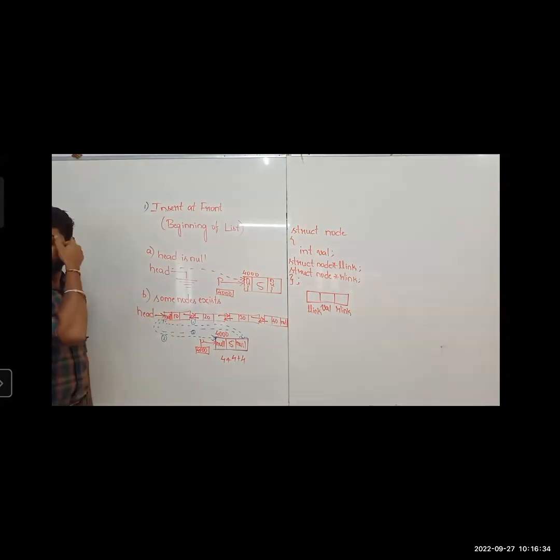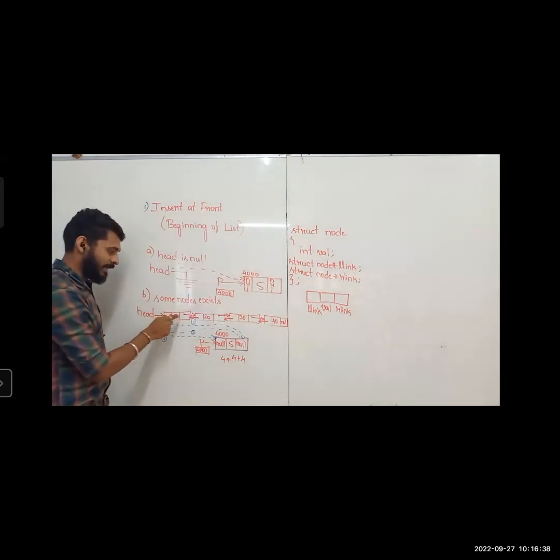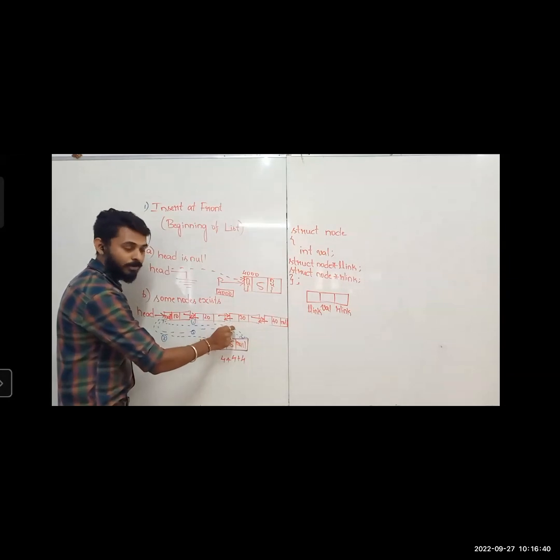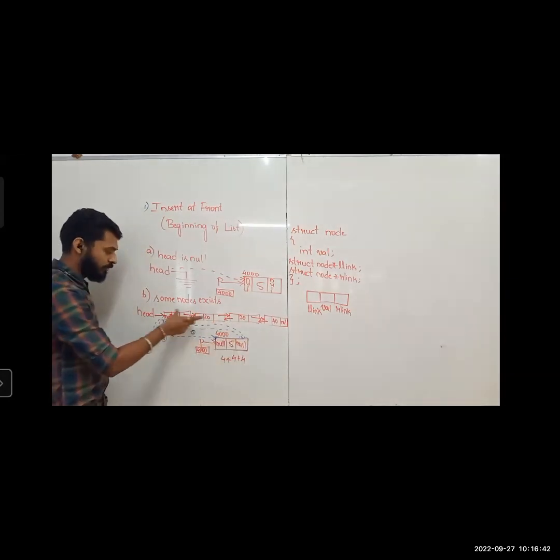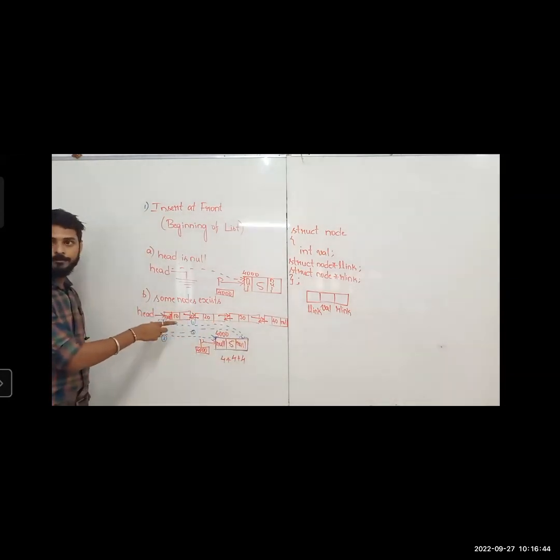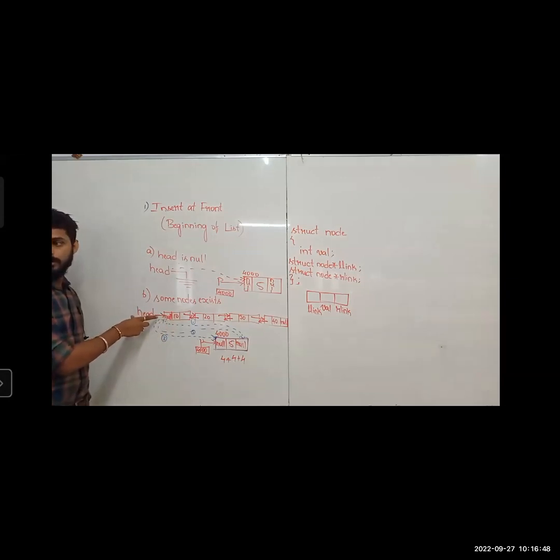Means where head is pointing, head's left link should point to this block. P's R link should point to this block, and then see where he is going, and head should point to the same place where P is pointing. Any difficulty in this? No, sir.